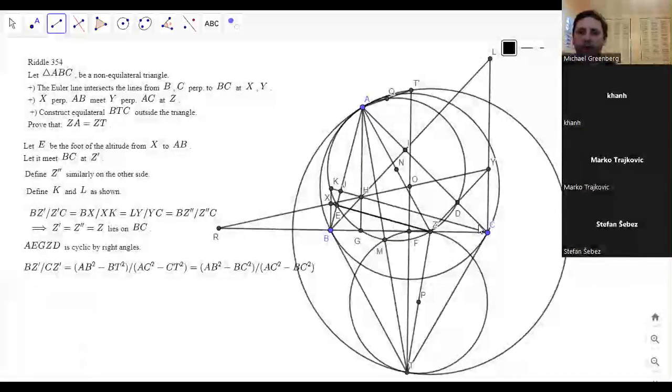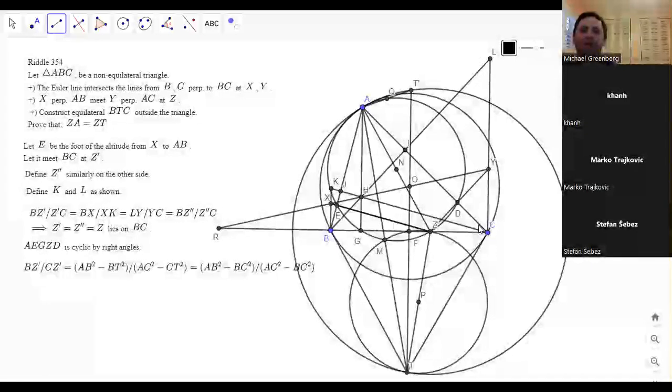That's what it looked like to me. But we are trying to get rid of these points X, Y, K, and L. They're much harder to work with than just point R.